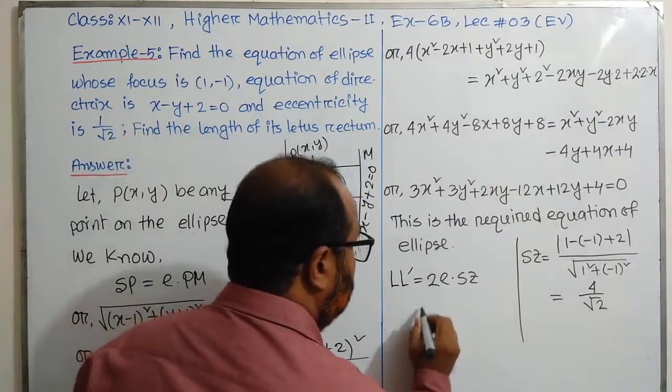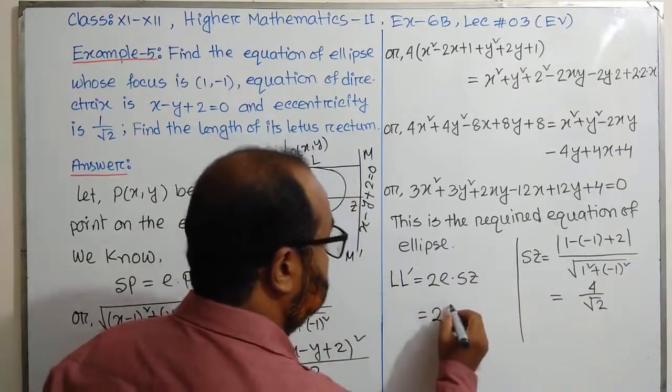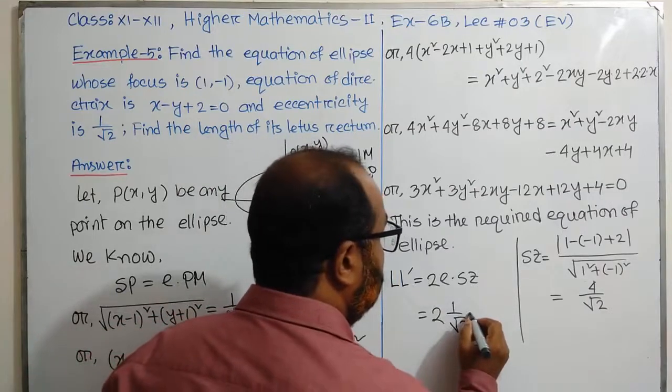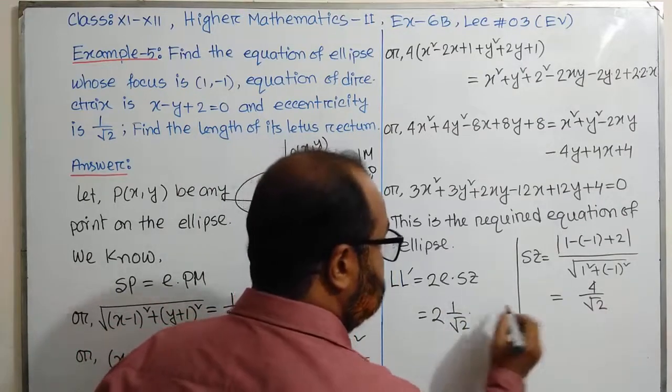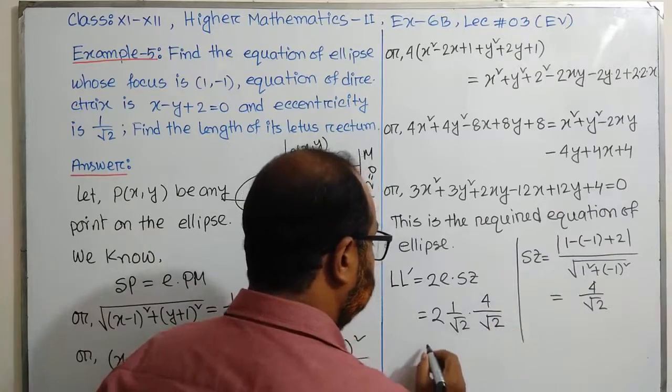So here we get E equal 1 by root over 2, and SZ, this equal to 4 divided by root over 2.